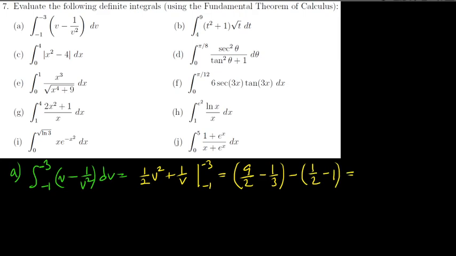I want to say 25 over 6, and then minus -1/2, so plus 1/2. So 28 over 6, which is 14 over 3. So part A is just 14 over 3.